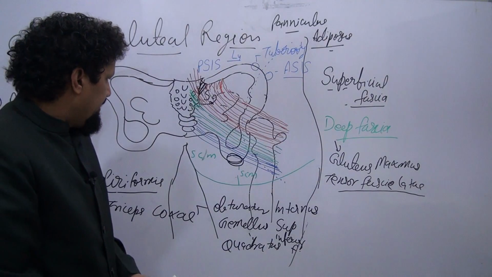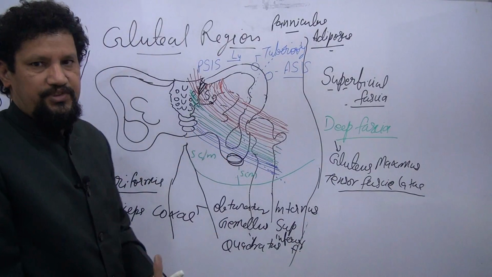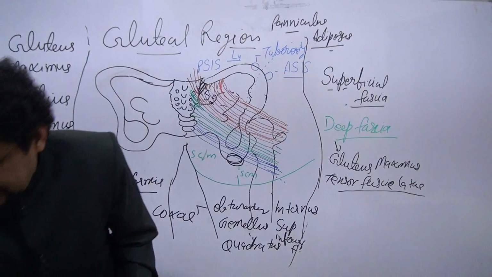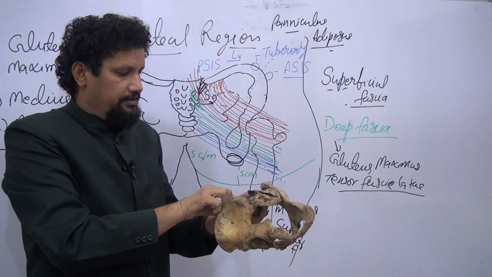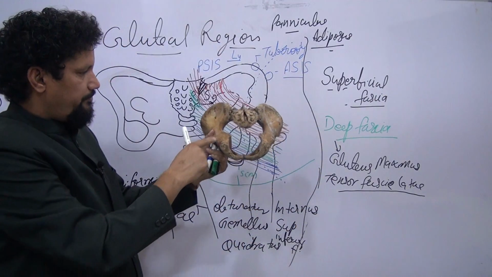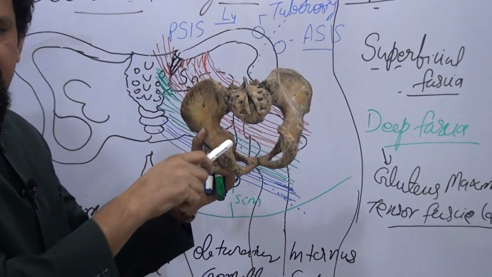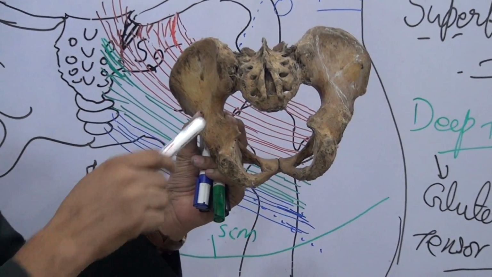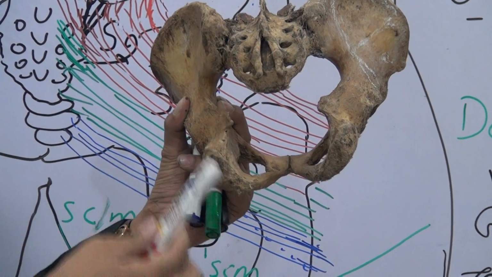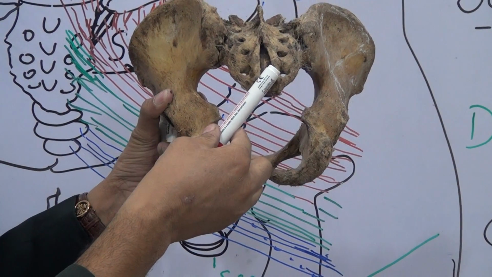Some fibers are taking origin from the sacrotuberous ligament. The greater sciatic notch and the lesser sciatic notch are converted into the greater sciatic foramen and lesser sciatic foramen. This is the greater sciatic notch and this is the lesser sciatic notch. This is the site of the sacrotuberous ligament.